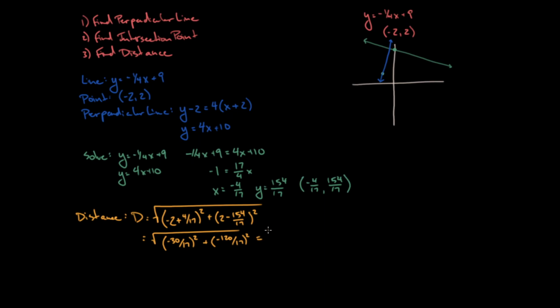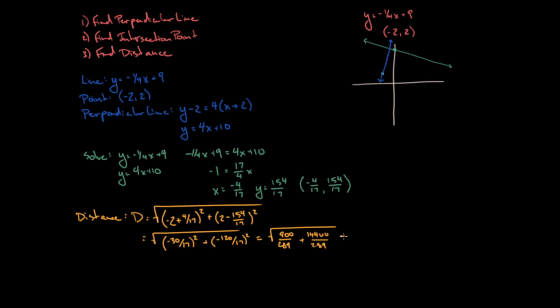All right, so what's that equal to? I'm going to square both of these. So I'll take this value and square it. And I get the square root of 900 over 289. I guess I could have done that in my head. Plus, and then I'll square the other one, and I get, all right, a doozy, 14,400 over 289.